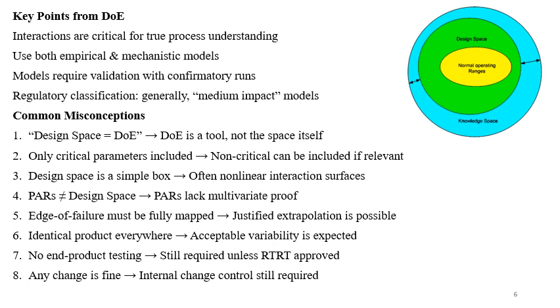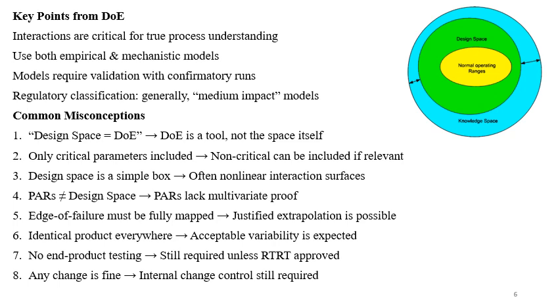Acceptable variability is expected. You cannot say that if I work within the design space or if I work within the normal operating ranges, then the product will not vary. See, it is not possible, and specifically in the pharmaceutical products in the pharma industry, variability will be there in every batch. So acceptable variability is expected. No end product testing.